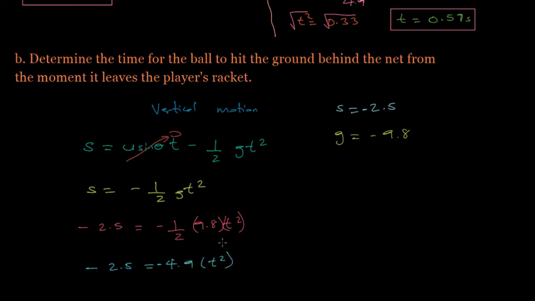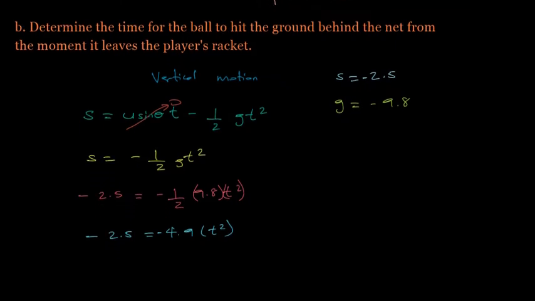Now what we see is that we have negative on both sides, so the negatives cancel. So we get 2.5 is equal to 4.9 multiplied by t squared. So now, if we divide here by 4.9, we also divide here by 4.9, and we see that t squared is equal to 2.5 divided by 4.9.